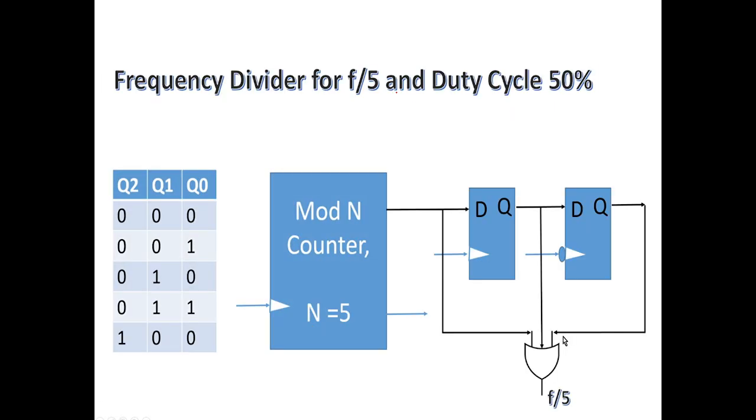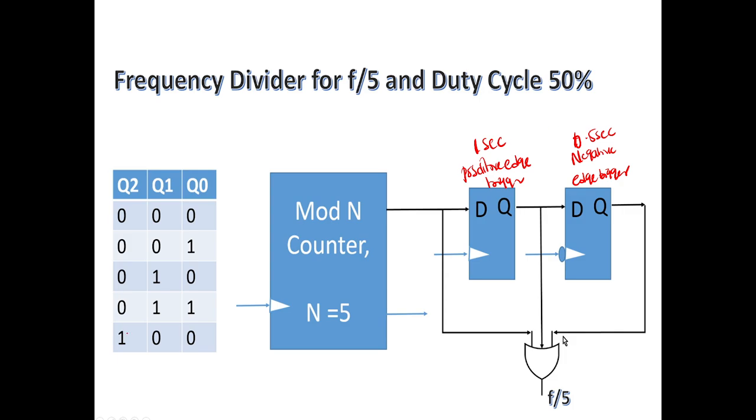To make this a 50% duty cycle, here I can use a positive edge trigger D flip flop, which will alter the frequency by 1 second. This output is given to another negative edge trigger D flip flop, which will alter it by 0.5 seconds.